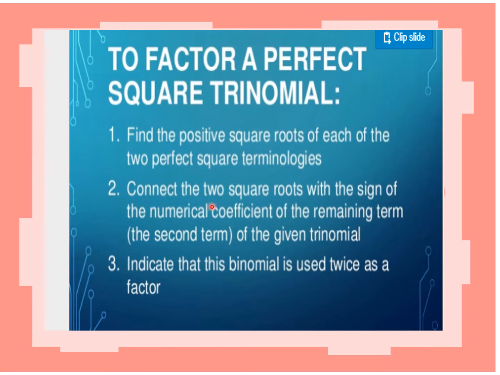Number two, we need to connect the two square roots with the sign of the numerical coefficient of the remaining term, or the second term, of the given trinomial. And number three, indicate that this binomial is used twice as a factor.